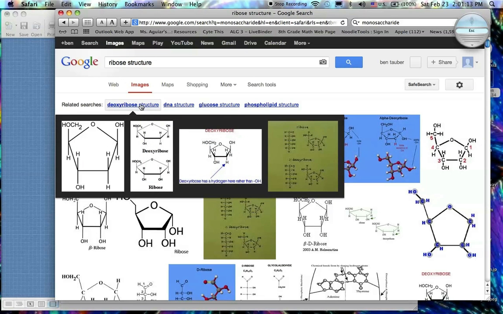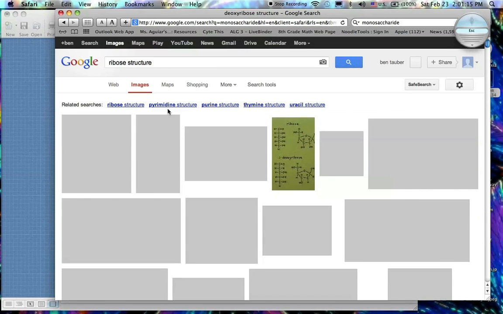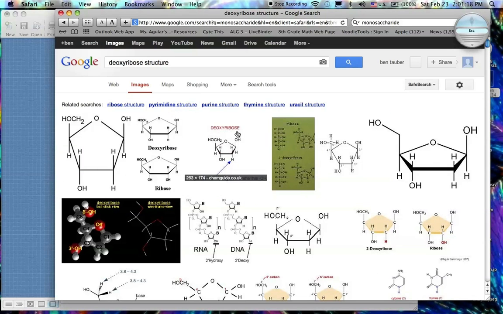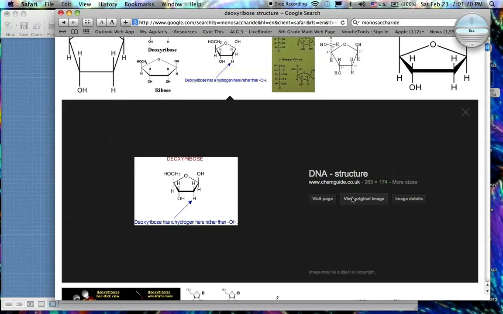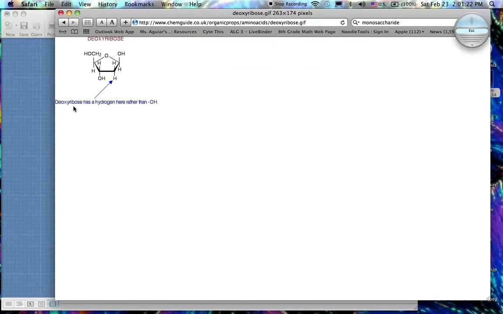And the main difference between the two is the amount of oxygen. Deoxy, meaning less than 1. You can see deoxyribose has hydrogen here rather than OH, because if it was ribose, it would have an O in addition to that H right there, but deoxyribose doesn't.